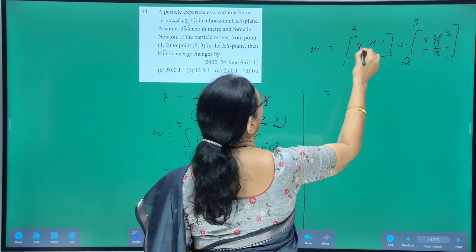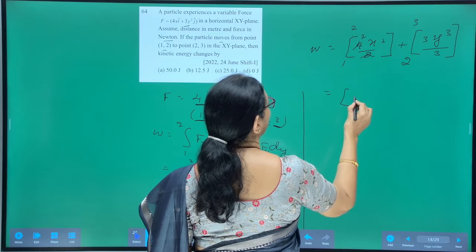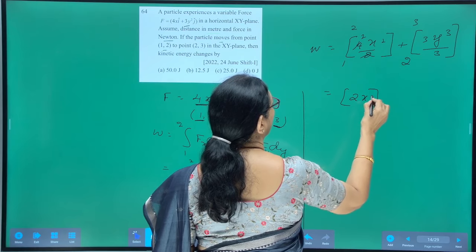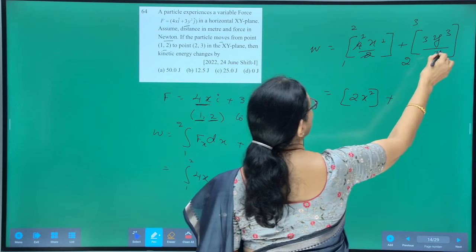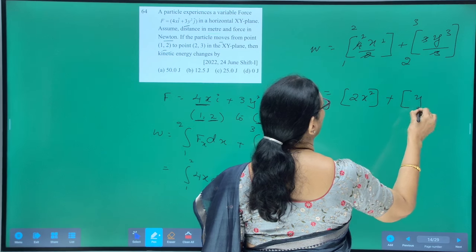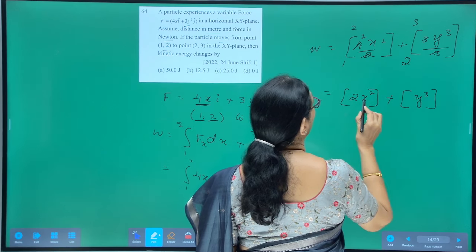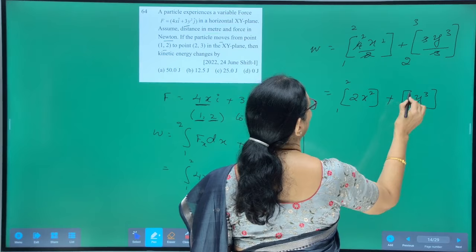Here it gets cancelled: 2x square plus y cube, and you have to substitute the limits properly.